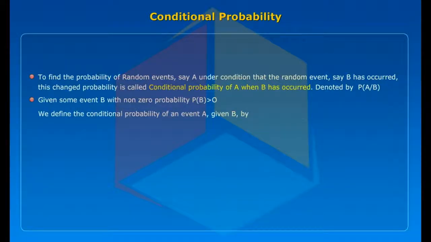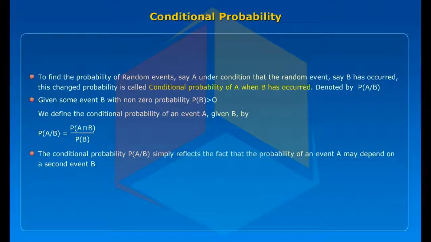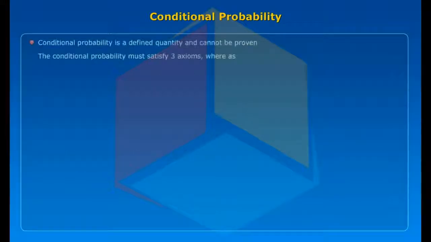Given some event B with non-zero probability, P(B) > 0, we define the conditional probability of an event A given B by P(A|B) = P(A ∩ B) / P(B). The conditional probability P(A|B) simply reflects the fact that the probability of an event A may depend on a second event B.